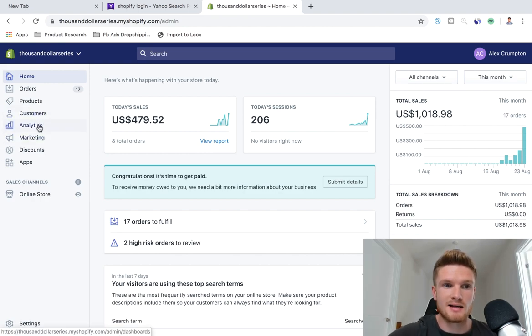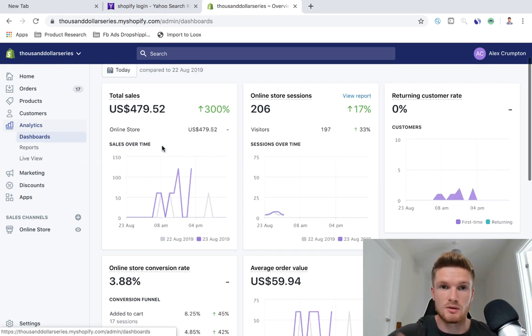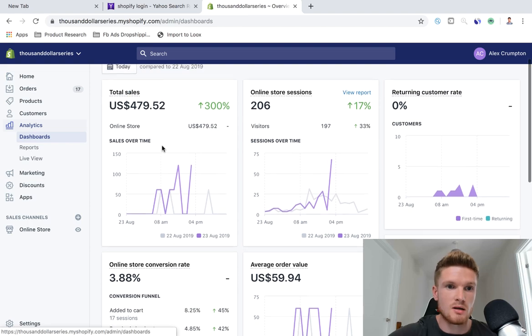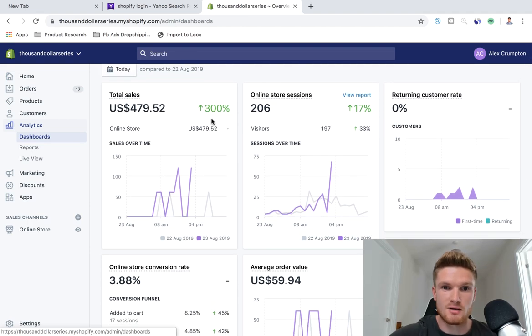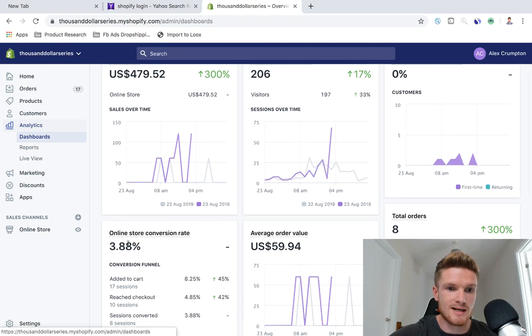Now if we just check out the analytics here, we'll be able to see what conversion rate we're getting and look at some of the other numbers as well. So today, obviously $480, 0% returning customer rate. Obviously we're not going to have returning customers already because we've only just started the store. Our conversion rate here, 3.88%.